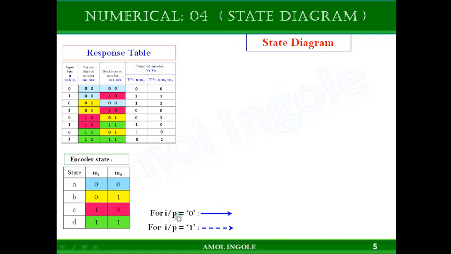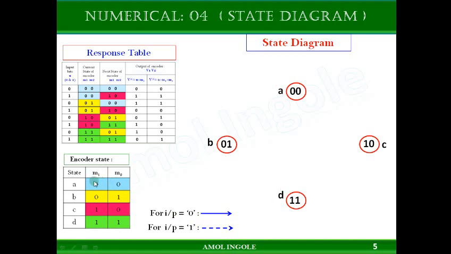So we are following this way of showing the 0 and 1 bit input: a darker line with an arrow for showing the 0 input and a dotted line with an arrow for showing the input 1. You have to start with the 0 0 state. The first thing I'll show is all the possible states of the encoder.